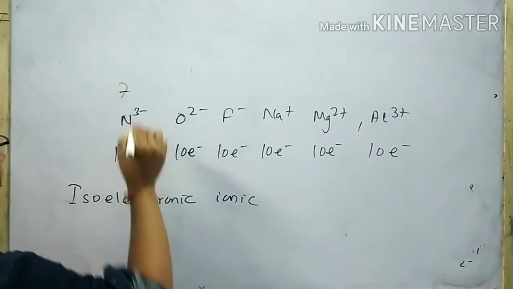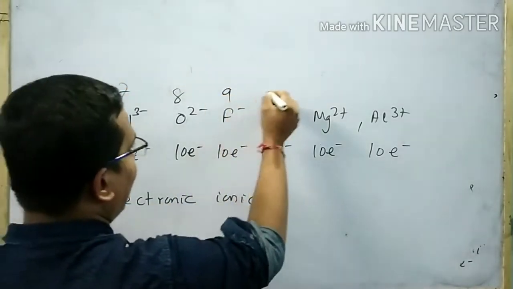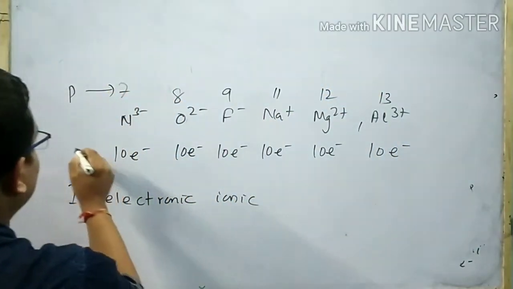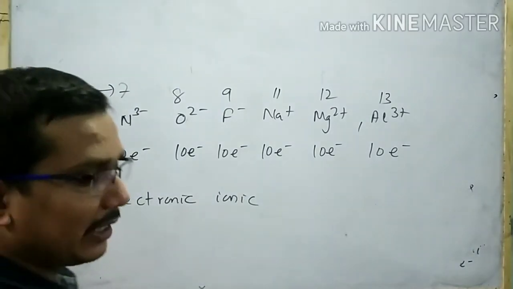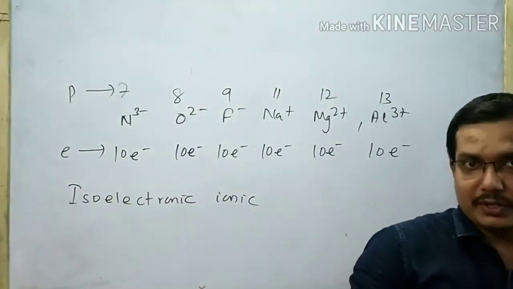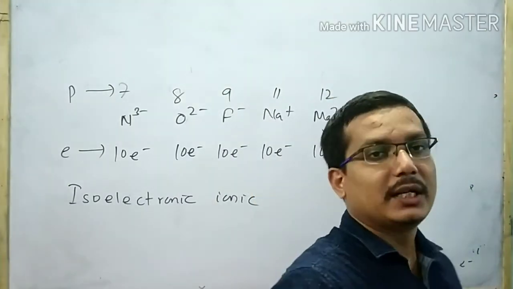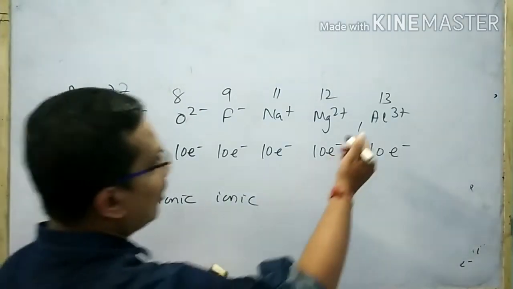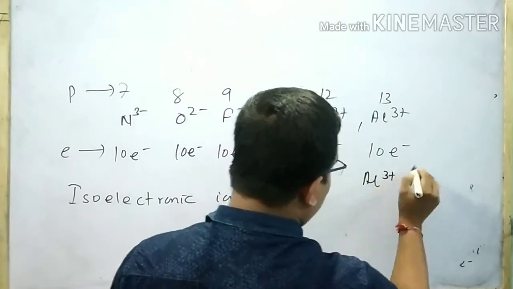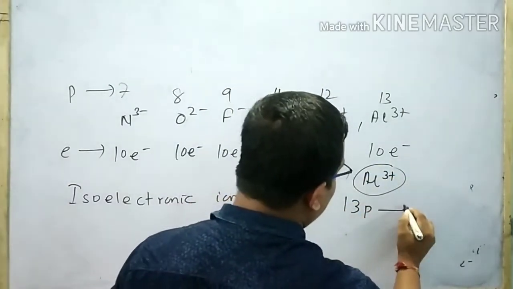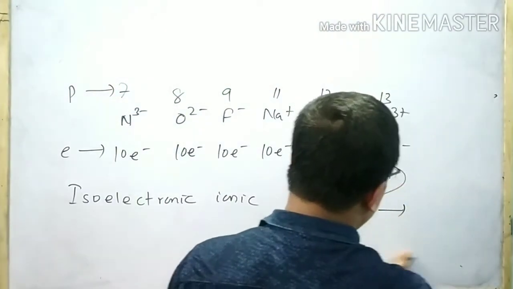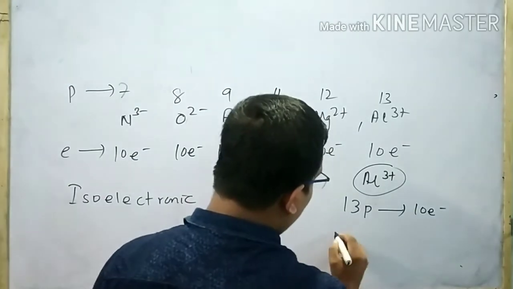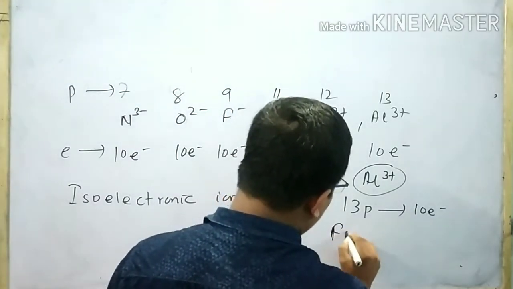So I want to calculate the number of protons in all the ions. Here the number of protons is 7, here 8, 9, 11, 12 and 13. These are the numbers of protons and these are the numbers of electrons. Tell me in which case the effective nuclear charge, that is the nuclear force, is more for one electron. Obviously here in the case of Al3 plus ion, 13 protons act on 10 electrons.